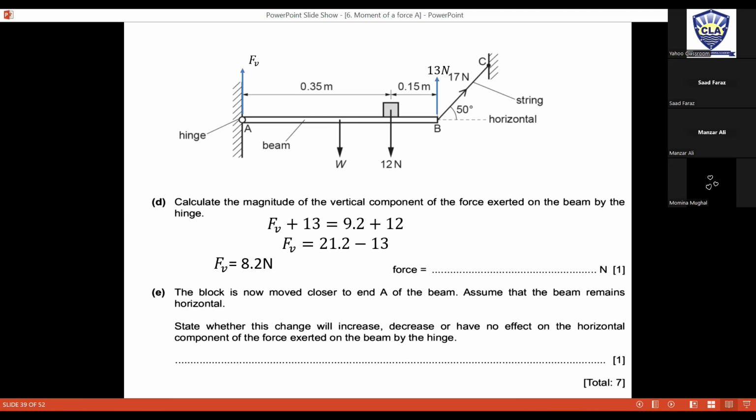If the object is moved closer to the hinge, there is less clockwise moment, so tension will also reduce. If tension reduces, its components will also reduce, so its horizontal component will also reduce. So the force on the hinge will also be reduced in this case.